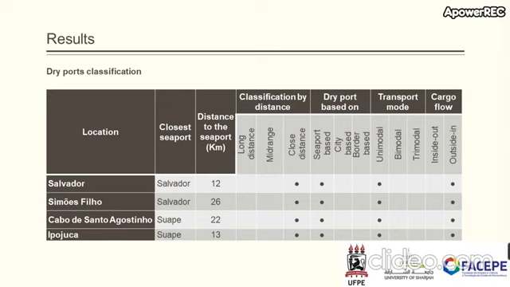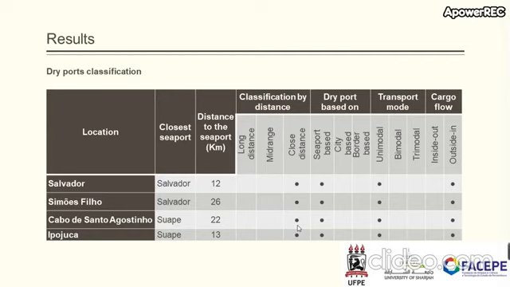And all the dry ports were also classified as seaport-based, using only the unimodal transport mode, using roadways to transfer the container cargo from dry ports to seaports. It is because in Brazil there is no railway infrastructure to carry the container cargo, which is not a good thing for Brazil, and it's a challenge for us to improve this mode of transportation.